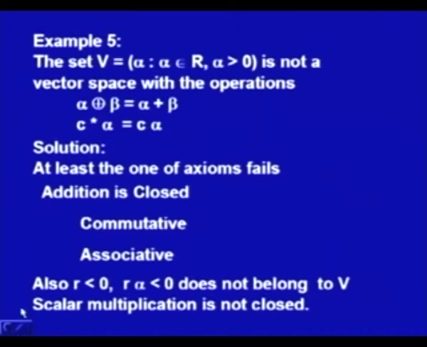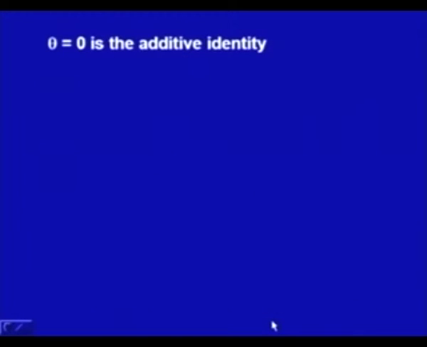So, we can say that scalar multiplication is not closed. So, this will not form a vector space. In fact the proof is done, but still we can say that theta equal to 0 is the additive identity, absolutely no problem, and minus alpha is the additive inverse of alpha, that is true, but minus alpha will not belong to V. So, for given alpha the additive inverse will not exist.